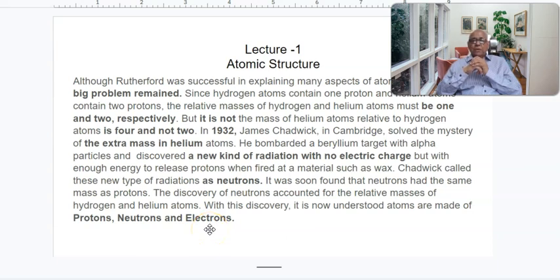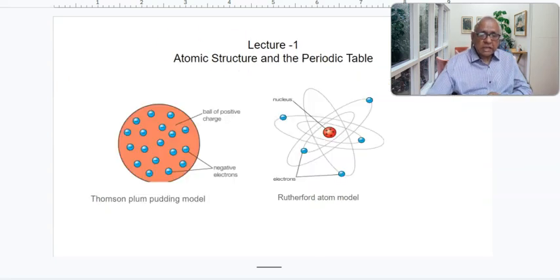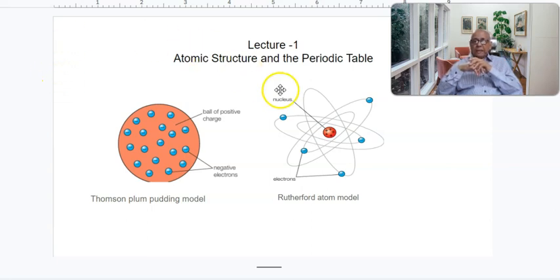Now, where protons, neutrons and electrons are in atoms is another problem we have to explain. If I go to the earlier slide, according to the Rutherford atom model, there is a positive charge in a very small space in the atom, and the other outer space is for electrons.